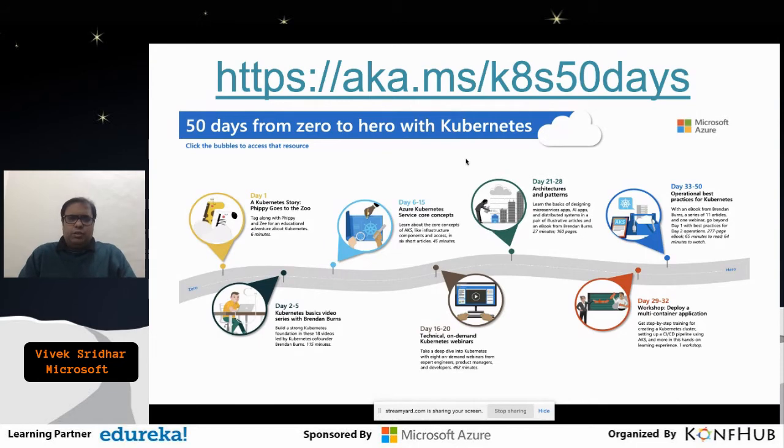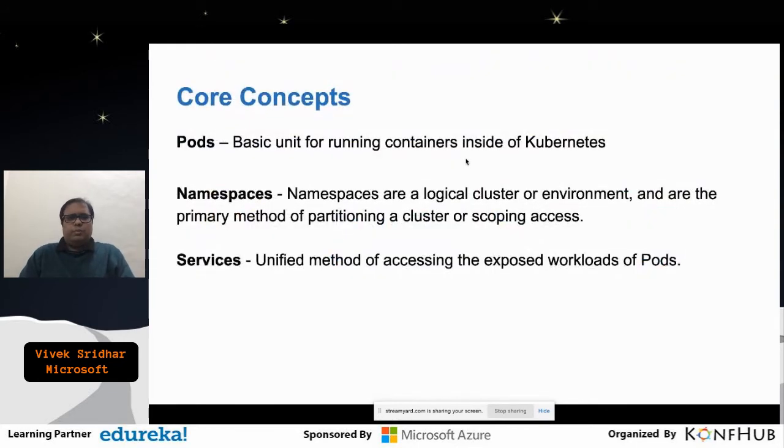Okay, so just to give you a core concept, I was talking about pods. Pods are nothing but the simple basic unit of deployment in Kubernetes. It has certain containers, or it could be a single container. It is the way the user defines it in the object model.